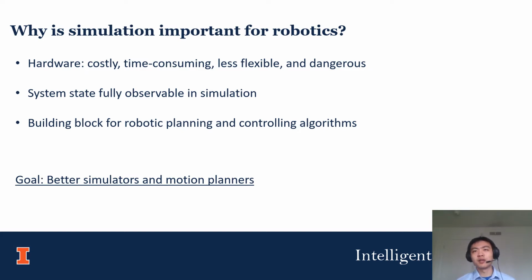Compared to real-world testing, simulation also has the advantage of offering the entire state of the system. This is very useful because in some cases, in the real world, doing state estimation by itself is a very challenging problem.